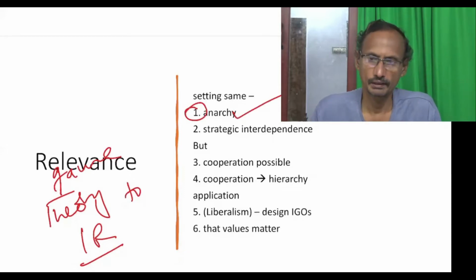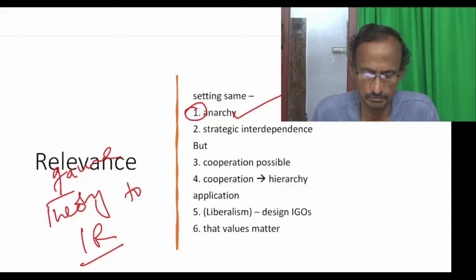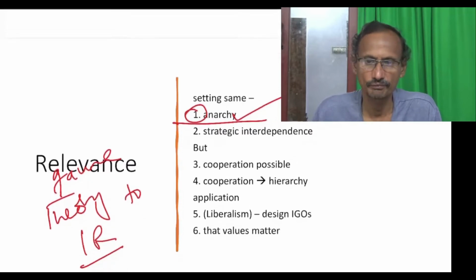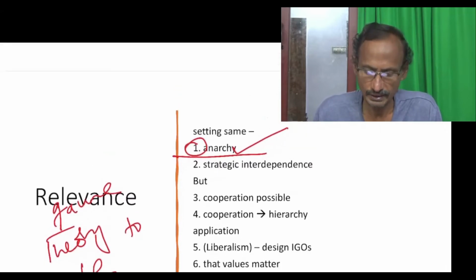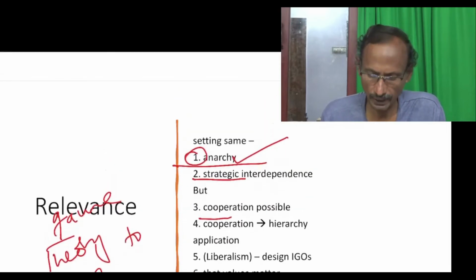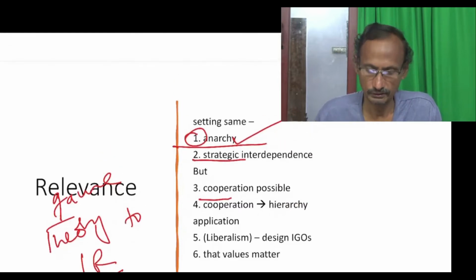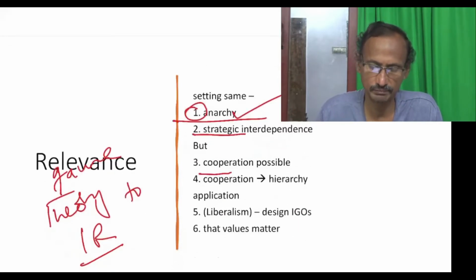In a prisoner's dilemma, both the prisoners do not have one communication system and they are not subjected to one coordinating system. So there is anarchy. And next, question of strategic interdependence. What one prisoner does will impact the other. That is, there is a question of strategic interdependence.